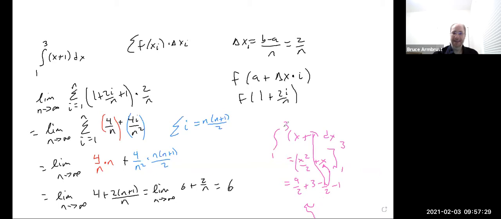Okay, let's try that again. Let me erase that stuff. All right, so 9 halves minus 1 half is 4. 4 plus 3 is 7. 7 minus 1 is 6. Yay, we got the same number.